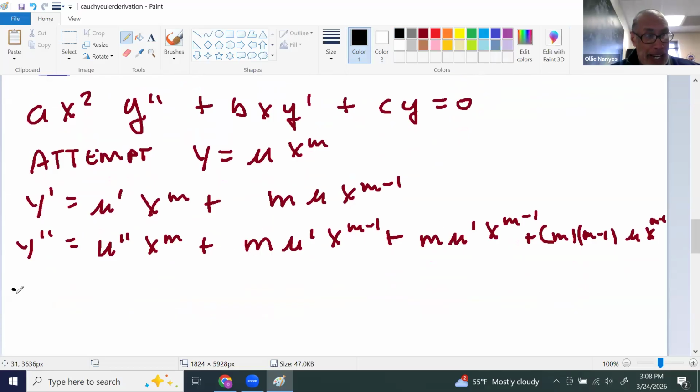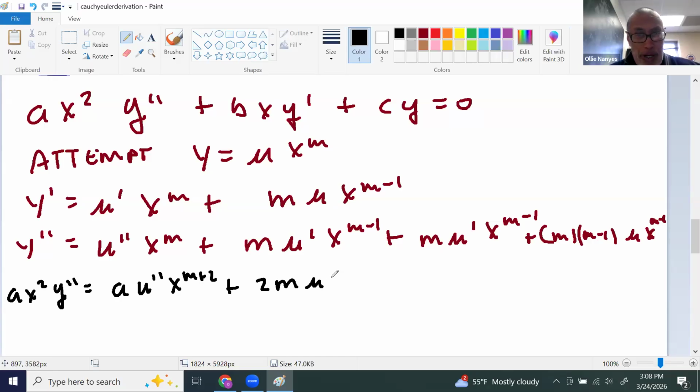So now if we have a x squared y double prime, that's going to be a u double prime x to the m plus 2, plus 2 a m u prime x to the m plus 1, because we're multiplying m minus 1 times x squared. So we have two of these, we have an m, plus a m (m minus 1) u x to the m.